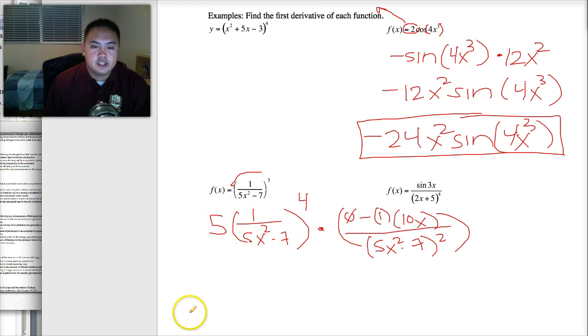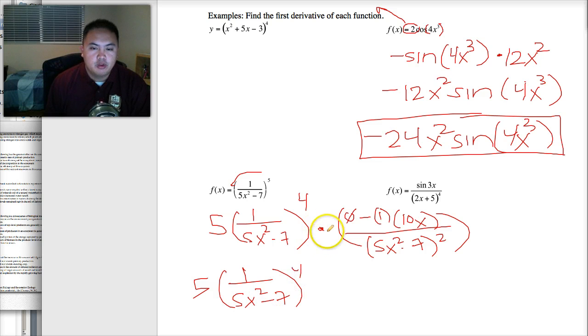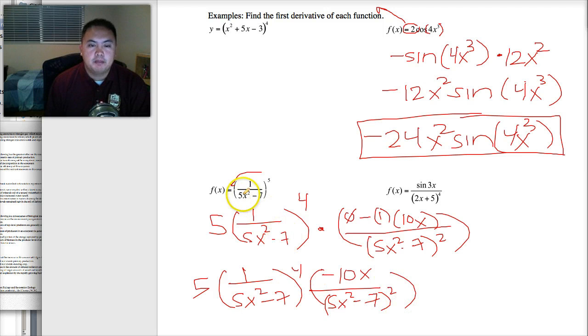But to organize it, my final answer, how it should look, is 1 over 5x squared minus 7 to the fourth. I'll remove that multiplication sign. This top one, 0 minus 1 times 10x, will just be a minus 10x. And then the denominator will just stay. So anyway, long story short, this is combining two different rules, the chain rule and the quotient rule, all in the same problem.